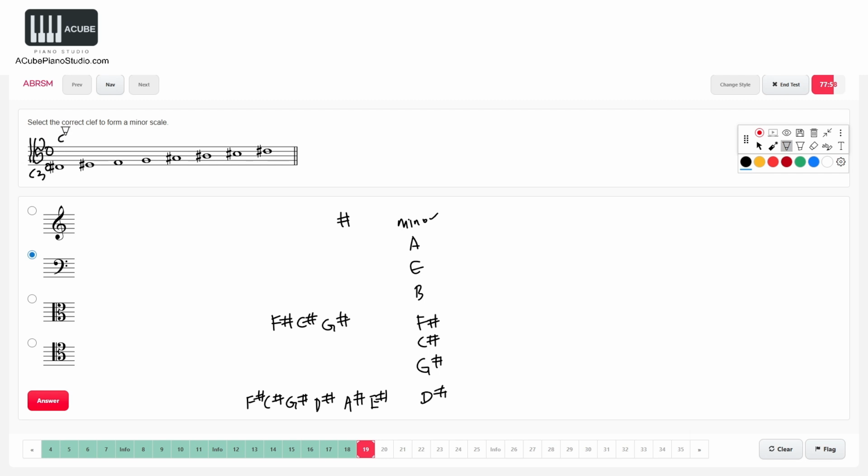So therefore, this will be C sharp minor. For C sharp minor, you have F sharp, C sharp, G sharp, and D sharp. So this is F sharp. This one is C sharp. For tenor clef, this is C sharp.